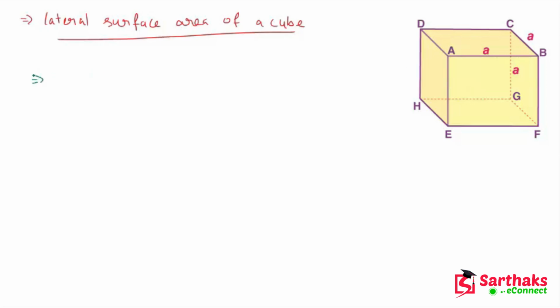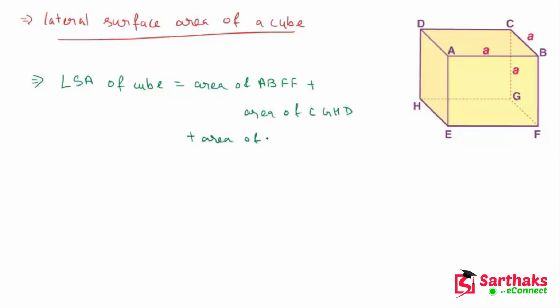So the lateral surface area, LSA, of the cube is equal to the area of ABFE plus the area of CGHD plus the area of AEHD plus the area of CBFG.